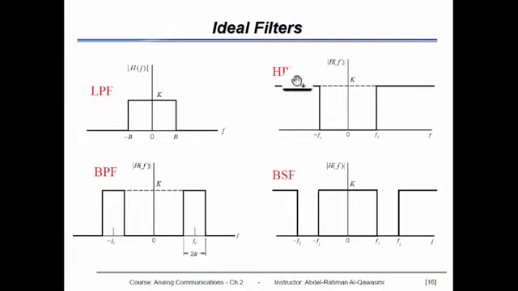So this is the low pass filter, the high pass filter. This is for band pass. As you see, it passes only the band between F1 and F2, and the other will be rejected. Of course, we are talking about positive frequency in this case. For band stop, you see it will pass all frequencies and reject only the frequencies in the specific band between F1 and F2.